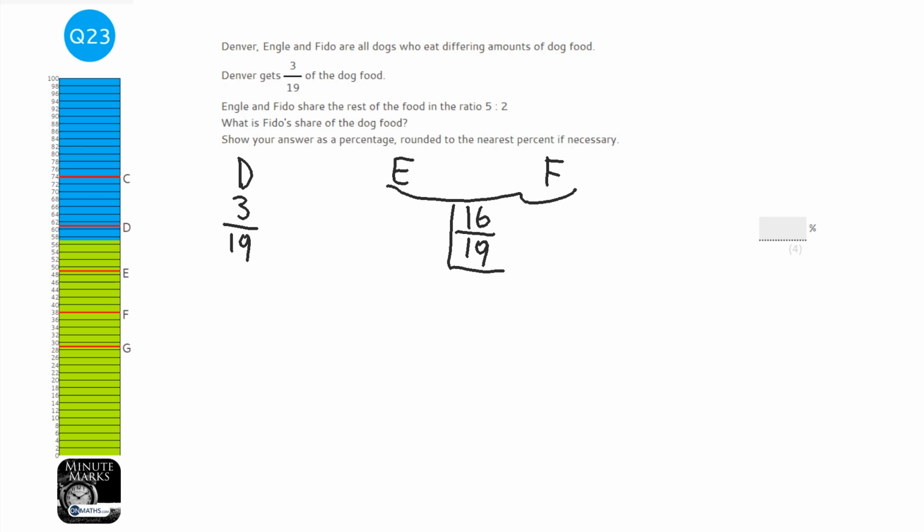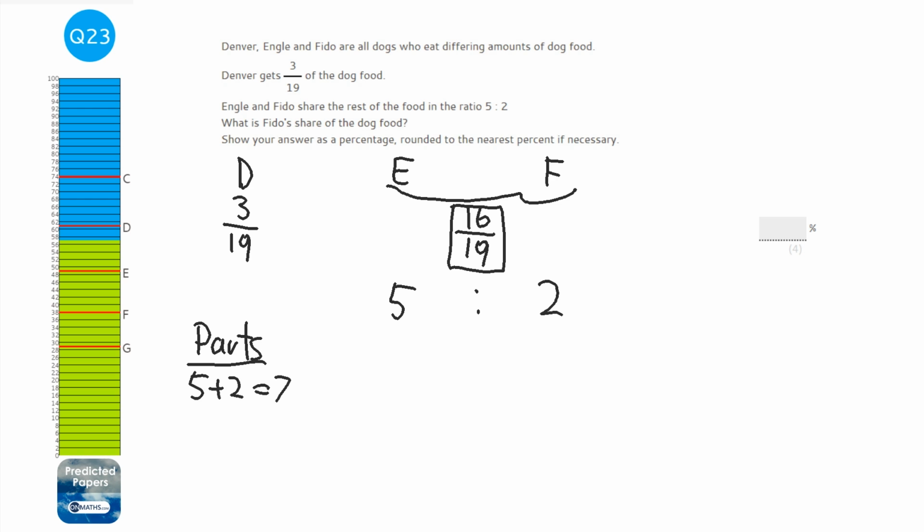So that's how much food they'll get, but they're sharing it in the ratio of 5:2. So in total, the amount of parts they have is 5 plus 2, which is 7. So there's 7 parts altogether. Okay, and one part is going to be worth, well, as a fraction it's 16/19 divided by 7.